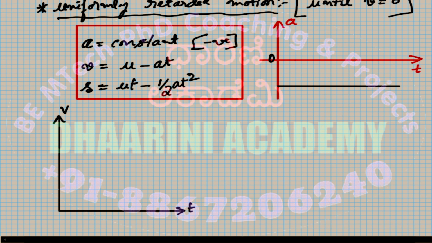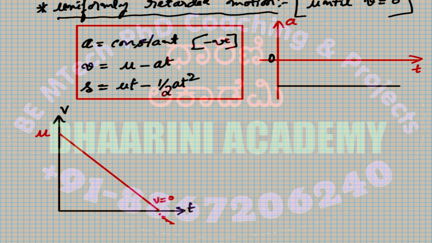Velocity initially begins at a point and then keeps on reducing until it reaches 0. So this is u and this is 0, at a particular time t. So you can write v equals 0 there. It stops here, it will never continue, because v equals 0 means the vehicle stops. That's all.